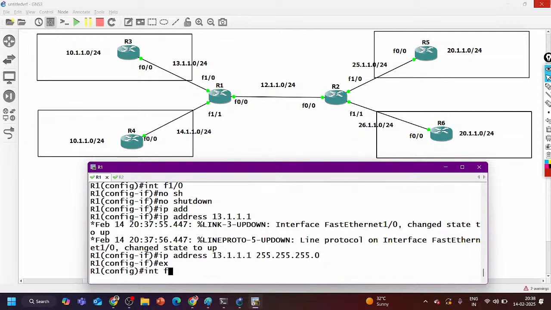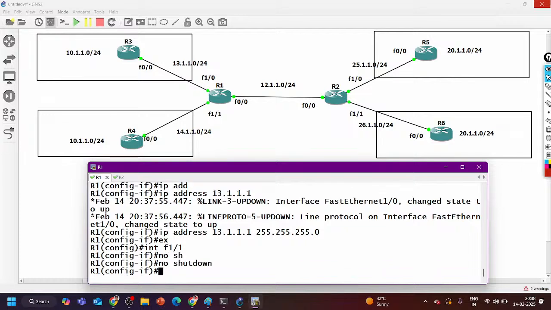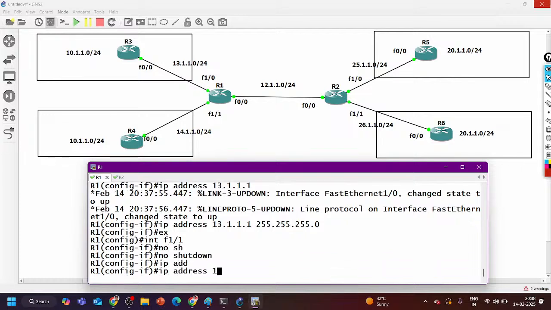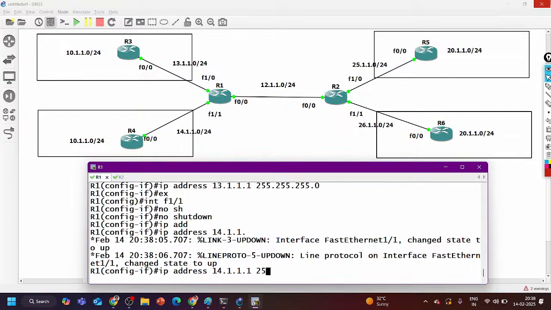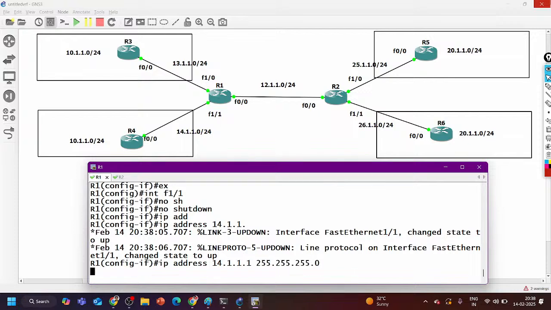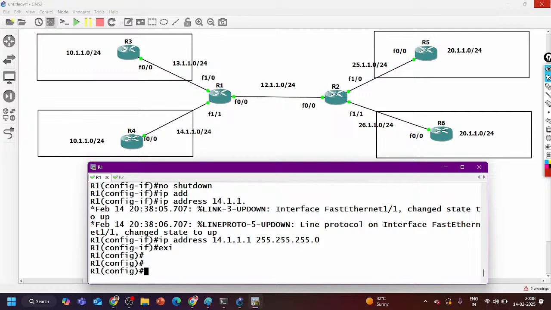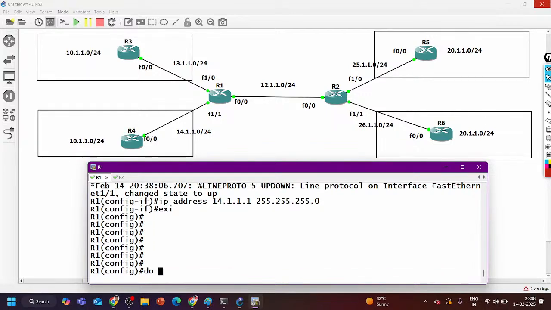Interface F1/1, no shut, IP address 14.1.1.1 255.255.255.0. Right. Do show ip route.